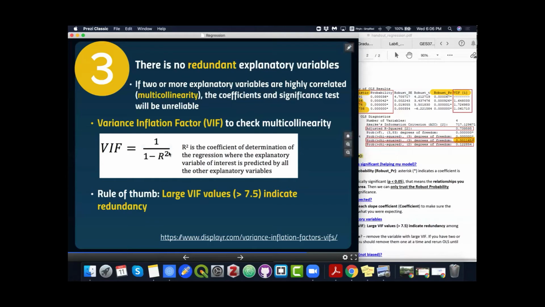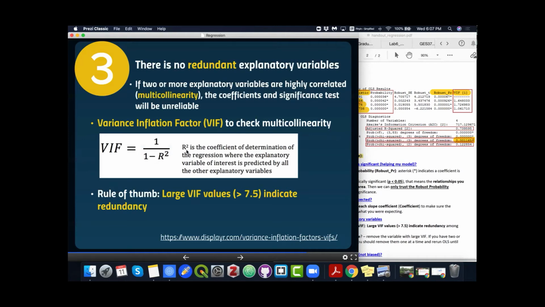Essentially, the VIF is calculated by running a regression on the particular target explanatory variable, using all the other explanatory variables as X variables, and you will be able to calculate an R squared value.